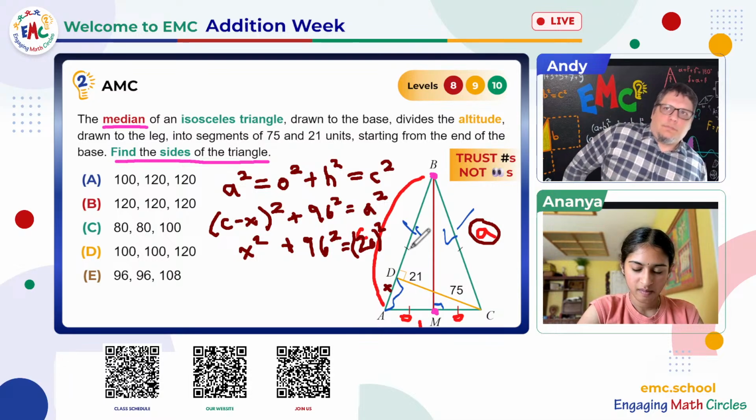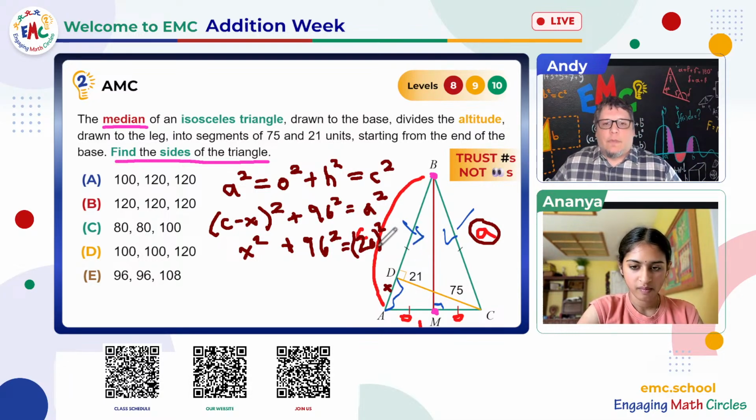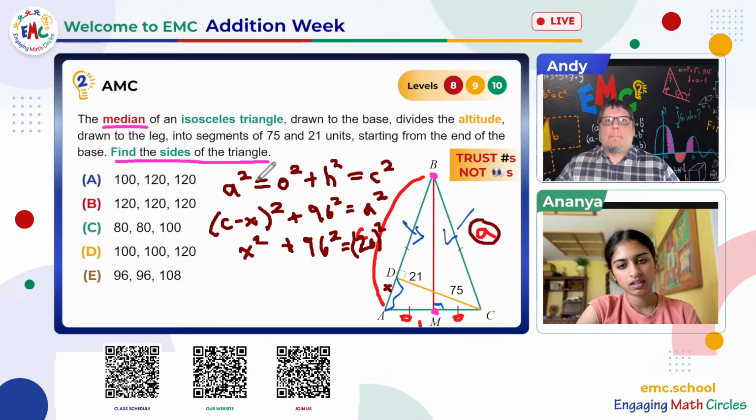Okay. Time to start solving things. How can I adjust this? c is equal to a. Got rid of that.